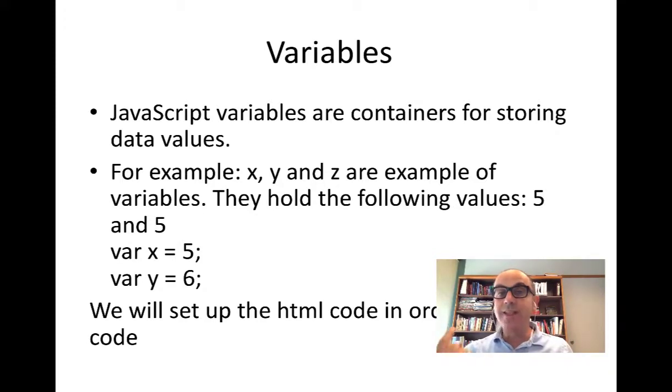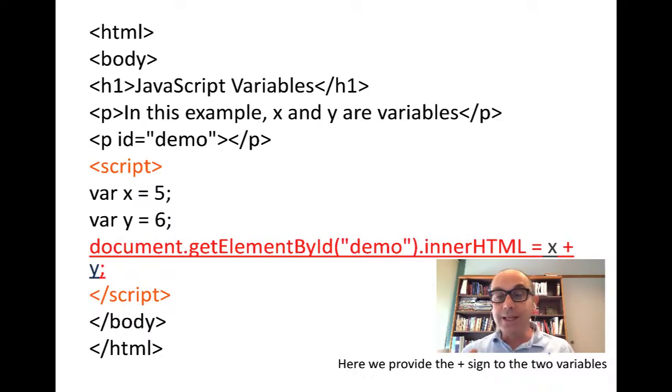But the issue with JavaScript, and in particular JavaScript in combination with HTML, is that they need to run together. So in this case, I'm going to establish my variables. As you can see, var x is equal to 5, var y is equal to 6. Now I add the JavaScript syntax document.getElementById, and I say what I need it to do.